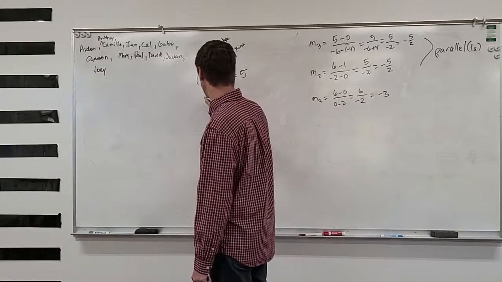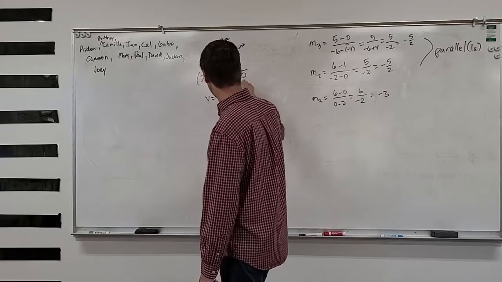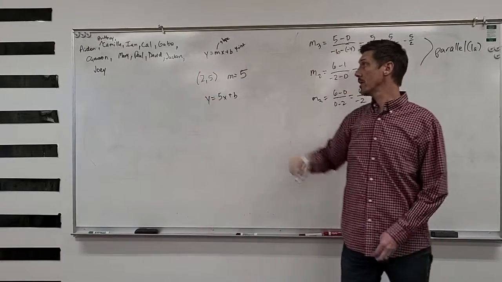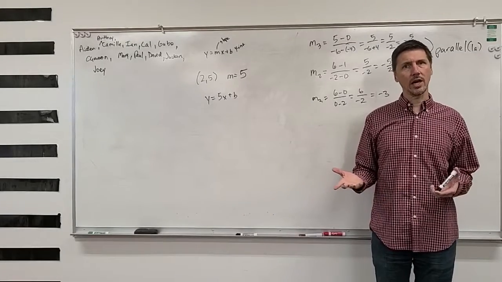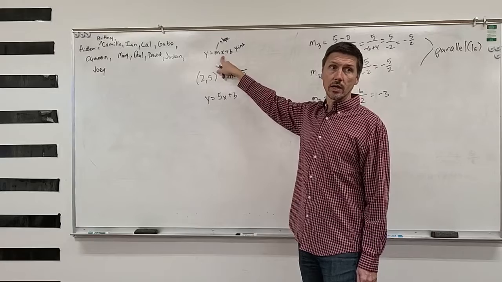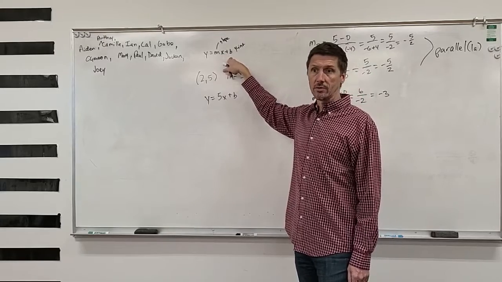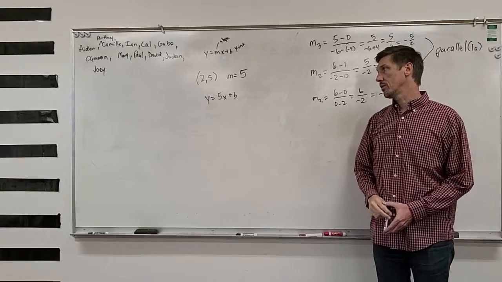If I plug in the slope, y equals 5x plus b, right? I just put my 5 in place of the m. But I've got to find b. When you write the equation of a line in slope-intercept form, the y and the x just stay as variables. It's the m and the b that should have values. So I've got to figure out how to find the b.